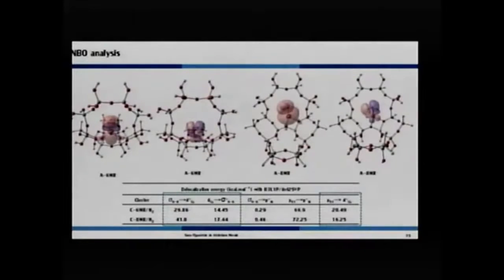Because the six-membered ring has a higher donation from the zeolite, from the oxygen of the zeolite, the back donation is lower for the six-membered rings than for the eight-membered rings.